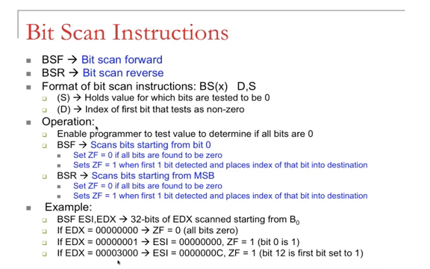We're going to scan again in the same direction, from right to left. So bit 12 is the first non-zero bit we will find, so the index for that bit is 12. That's why you see a C, which is 12, put into ESI, the destination operand. That's to say, on bit 12, we have the first non-zero bit we found.